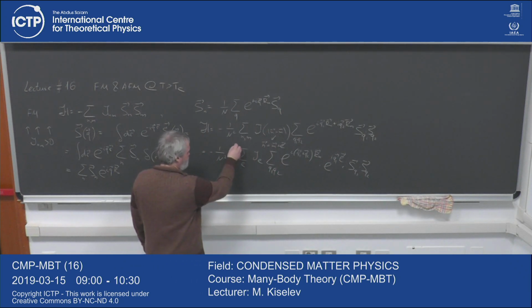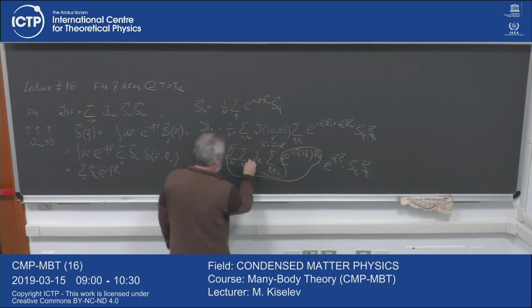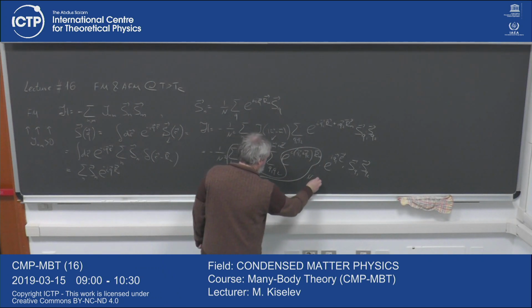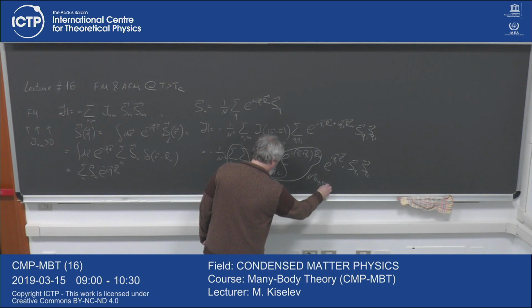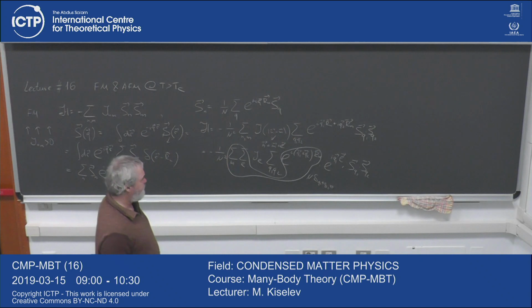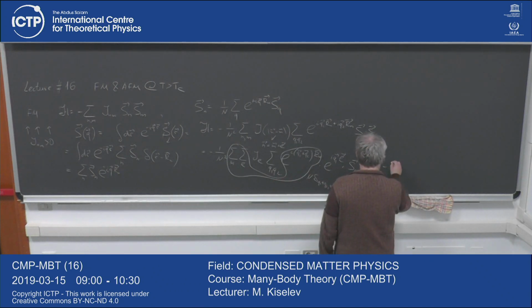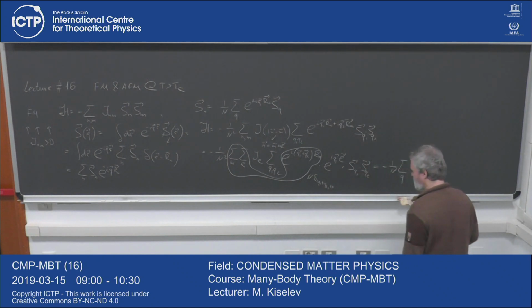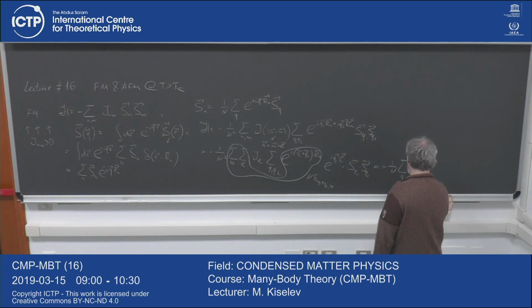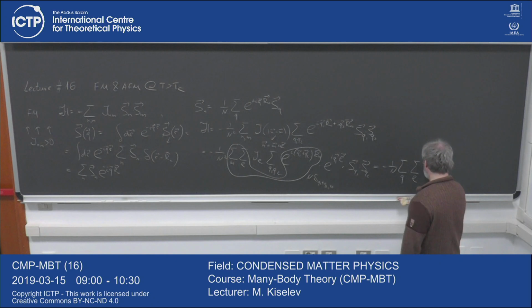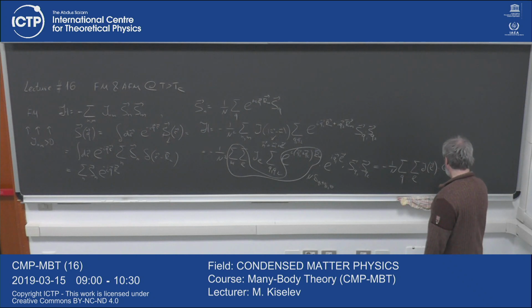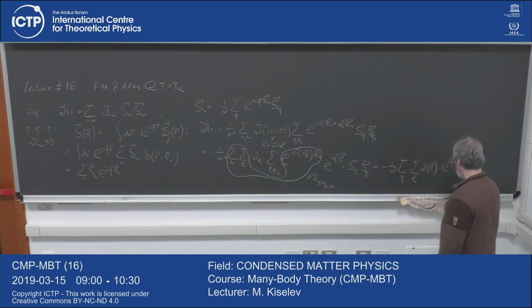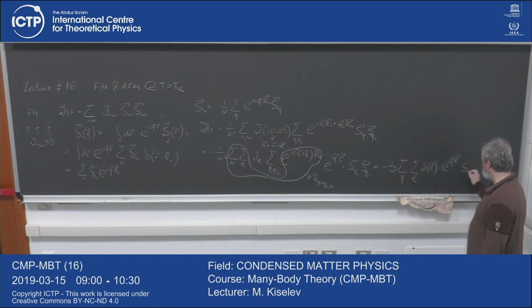The summation over m gives me N times the delta symbol of q1 plus q2, zero, and as a result I have minus 1 over N, sum over q, sum over l, J_l, which depends on l, times e to the power i q l, times S_q S_minus q.